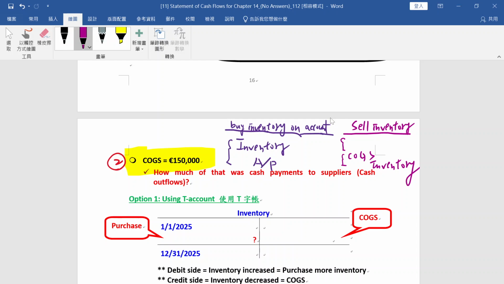Also, you need accounts payable, the friend. So you need two friends to help you. First is inventory, your first friend. Second is accounts payable, your second friend. Based on the first friend inventory and second friend accounts payable, we try to find out our cash outflows.